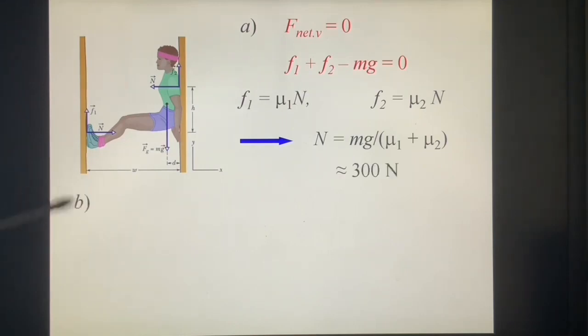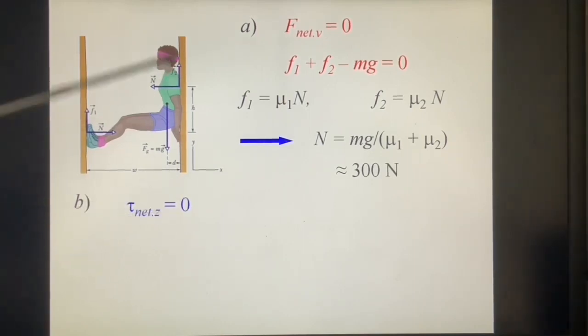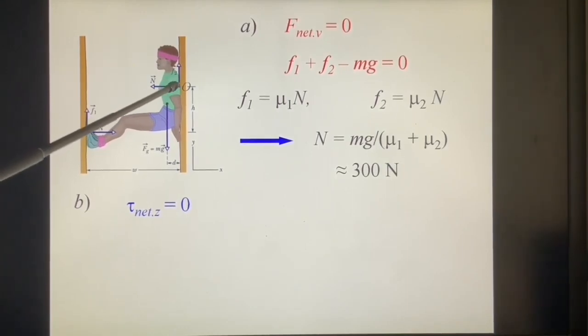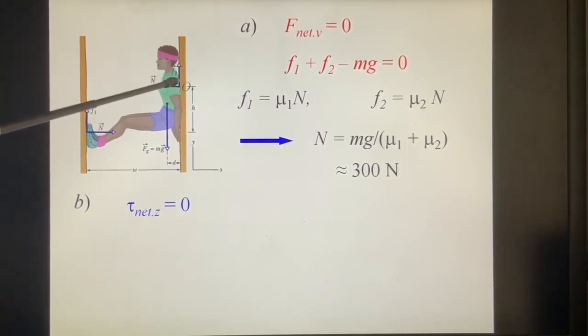Next, B. What will that be? We take the net torque about z equal to 0. This is the point that we take as a reference. These two cancel out because they don't have a torque. Only these three remain.